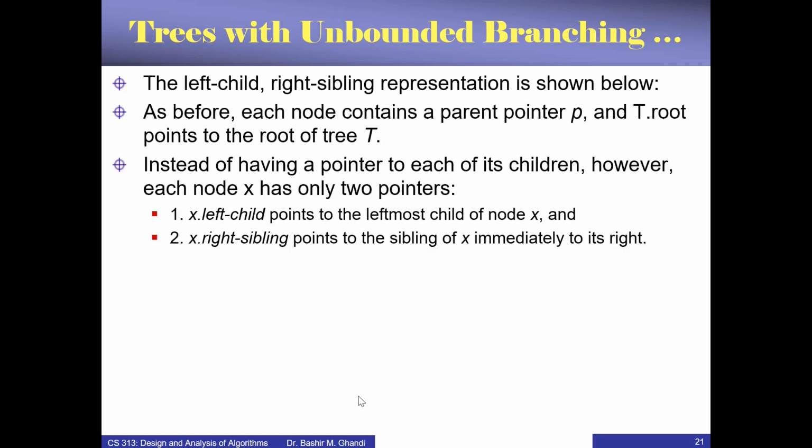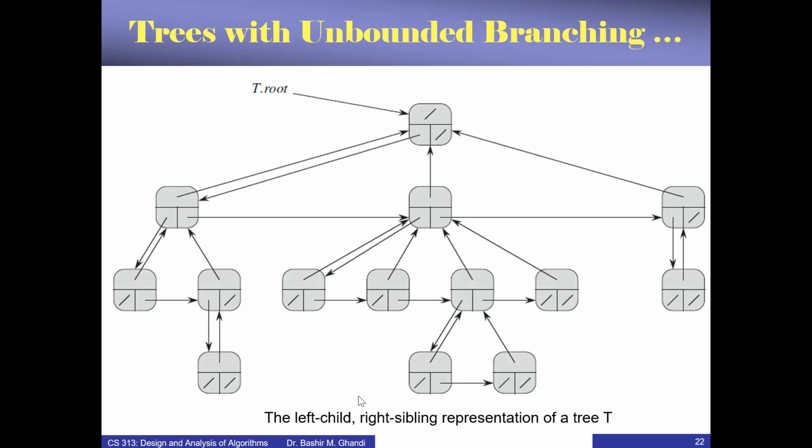We're going to show it briefly in the next slide, just to give you an idea before I explain it. So this is the left child right sibling representation of an unbounded tree. Each node, of course, in addition to having a reference to the parent, will have two references.